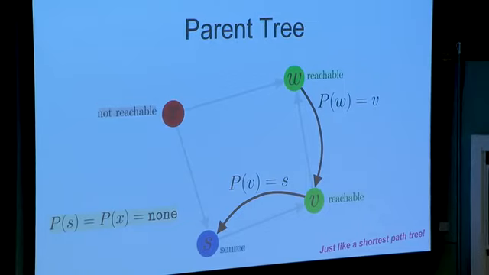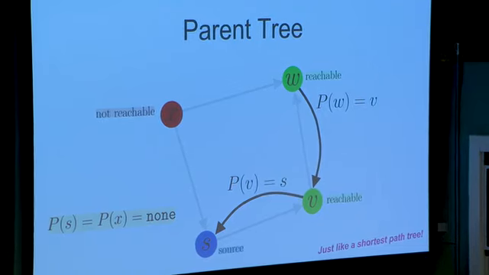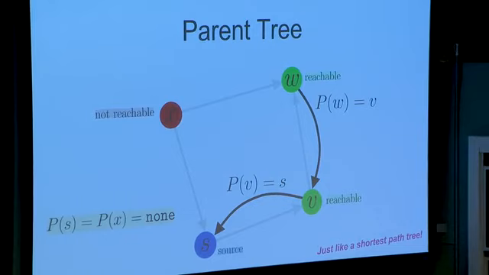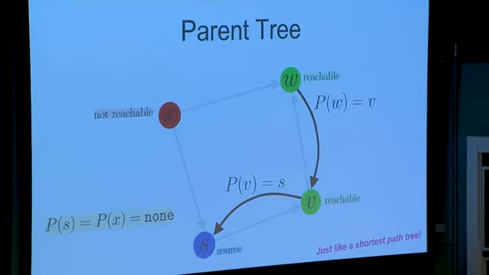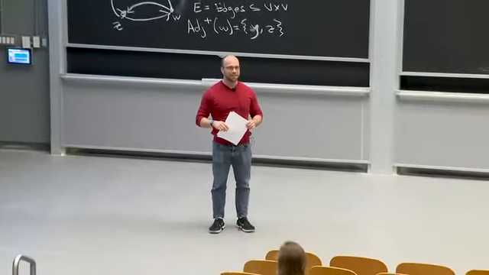And just like last time, if I want to get an actual path from the source to W, what could I do? I could start with W and then keep following those parent relationships until I get back to the source. Then if I flip the order of that list of vertices, I get a path from the source to the target that's valid.